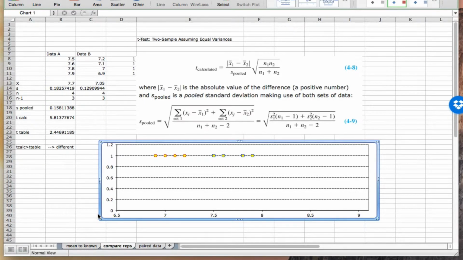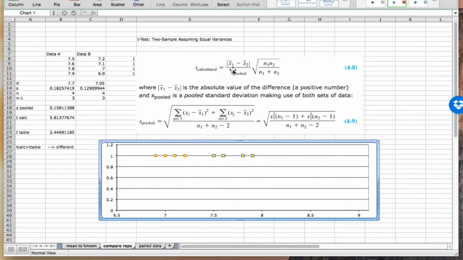Second case, we're going to compare two data sets, the circles and the squares. Data A is the circles and data B is the squares. For this comparison, we're going to jump right to calculating the t statistic and doing a comparison.